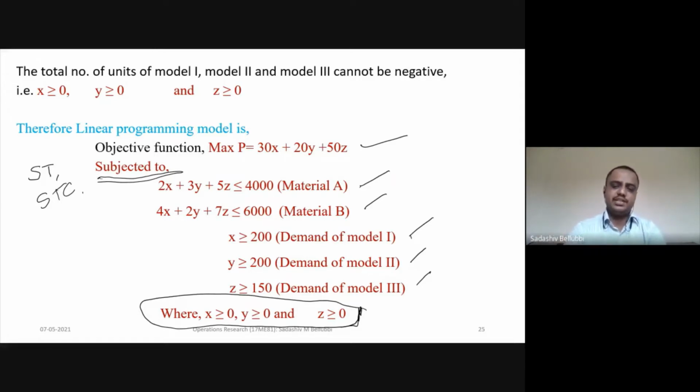That's why for each problem, the last statement should be that all the variables you selected should be non-negative. Otherwise, if you skip this one, there is a chance of losing 1 or 2 marks out of 10.